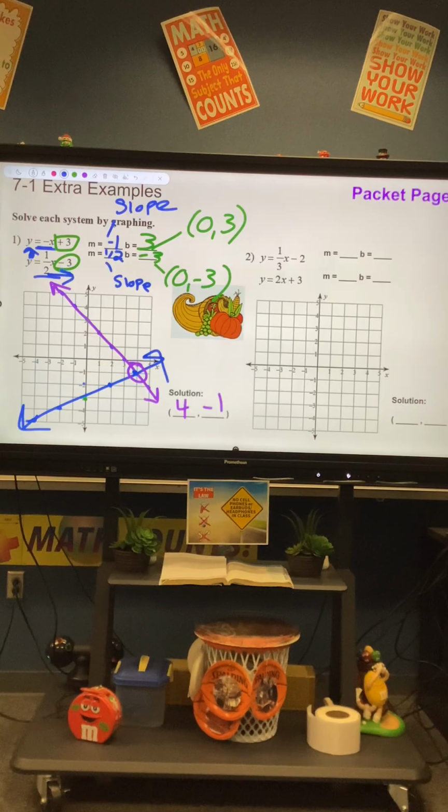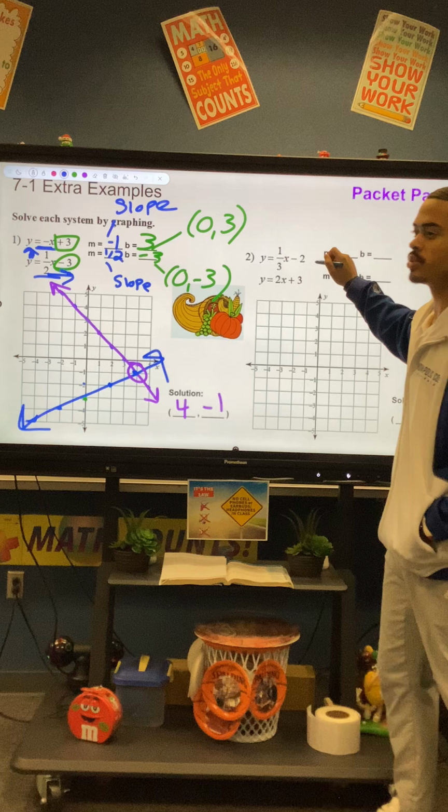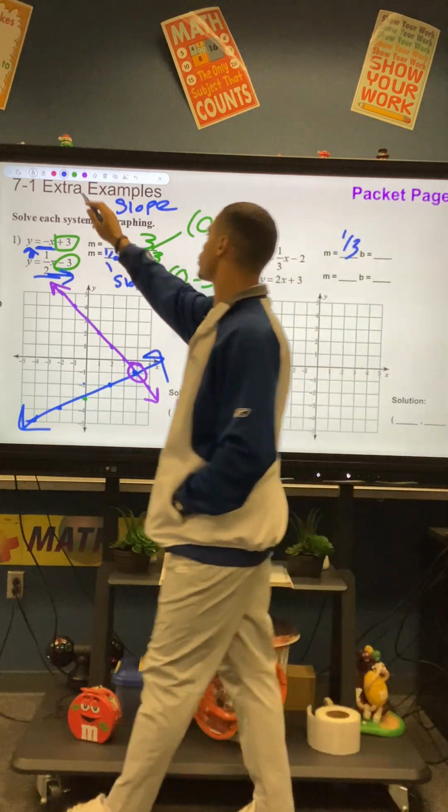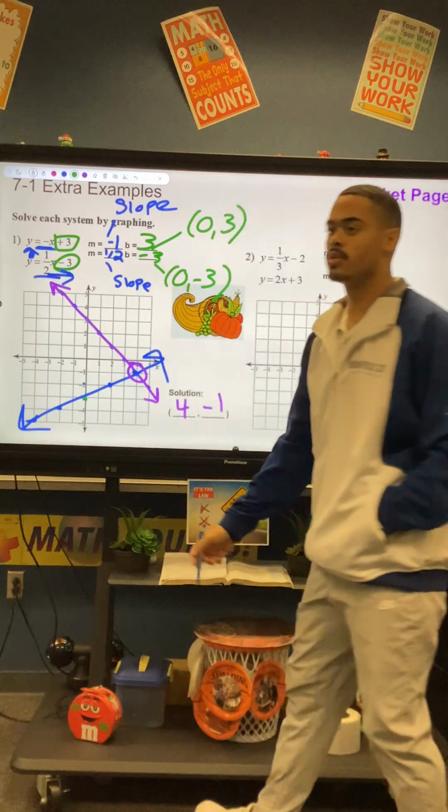So solve. First thing, what's my M value? One number 2. You said 1/3? Mr. Green, what's my B value?